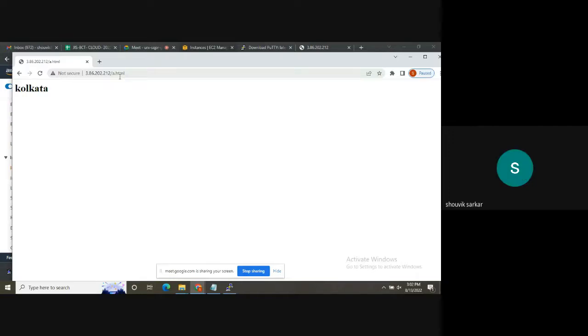A is not mandatory. My point is, if we save as something other than index.html, then what happens? We consider a sample name, so we took a. Not necessarily must you go with a. We just want to show what happens if you save other than index, and why we always write the index page.